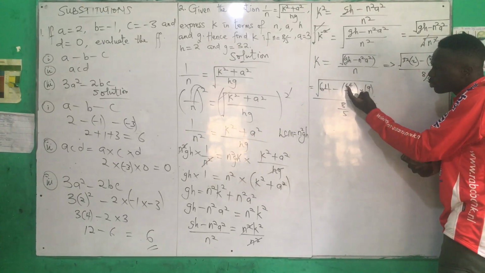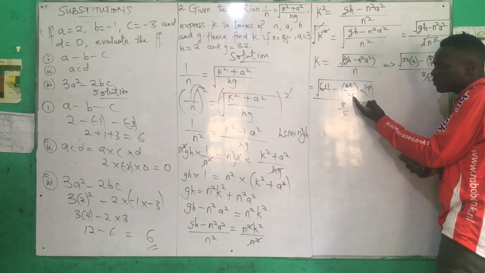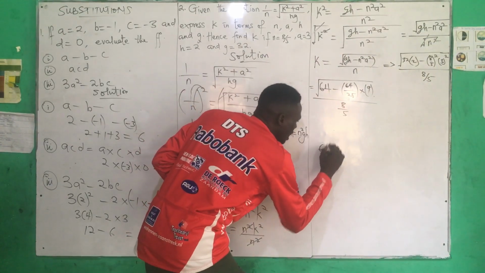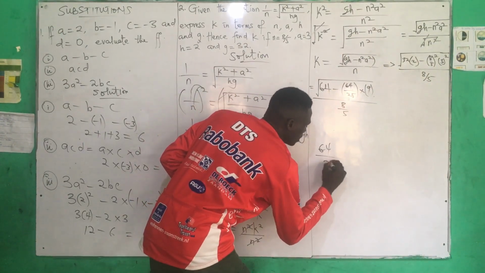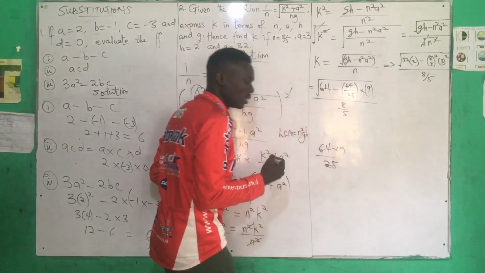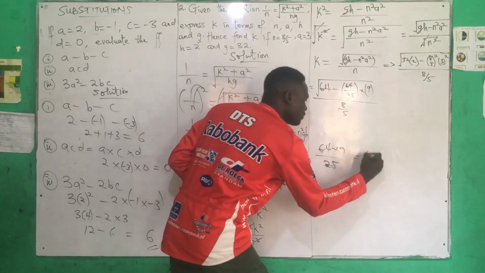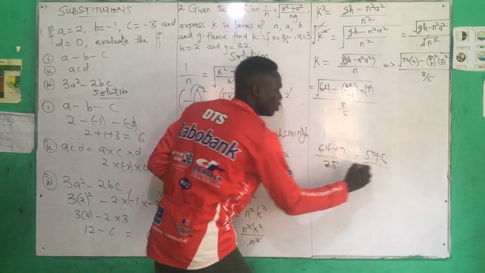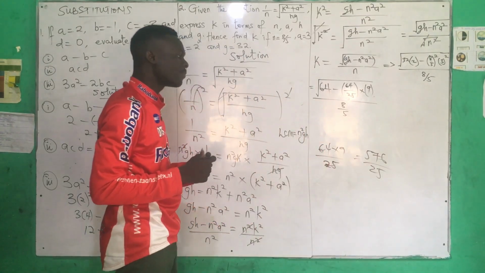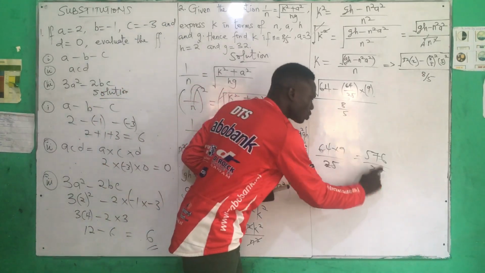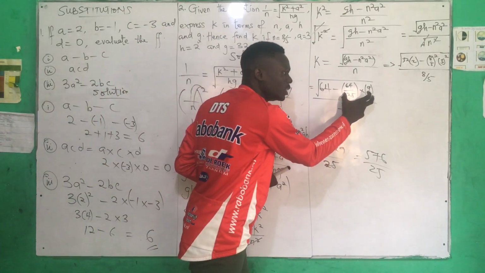So we are therefore going to multiply 64 over 25 times 9. And this calculation can roughly be done here as 64 times 9. Now when you multiply 64 times 9, you should get 576 over 25. That is the multiplication for these two.